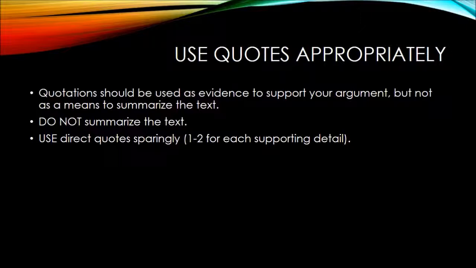Do not summarize the text. Do not provide a list of quotes that you think would support your argument. Use direct quotes sparingly. You should use 1 to 2 for each supporting detail. That will come out to be about 1 to 2 quotes for each paragraph.